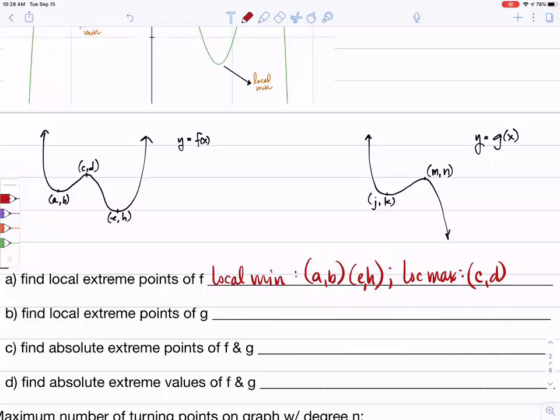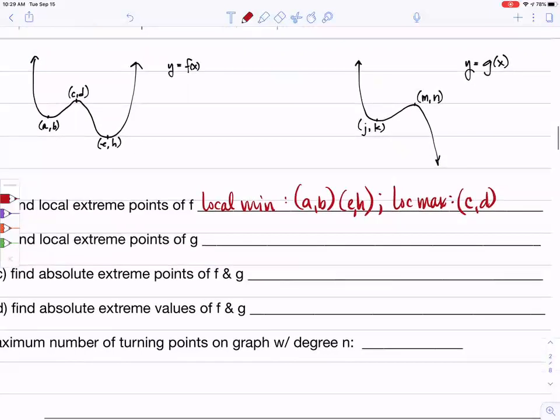Okay. Now the next one should be pretty easy then. What about the local extreme points of graph G? Zoom, I want you guys to get involved with this one. So let's see, Brianna, I haven't heard from you today. When you look at graph G, what would you say is one of my local extreme points?